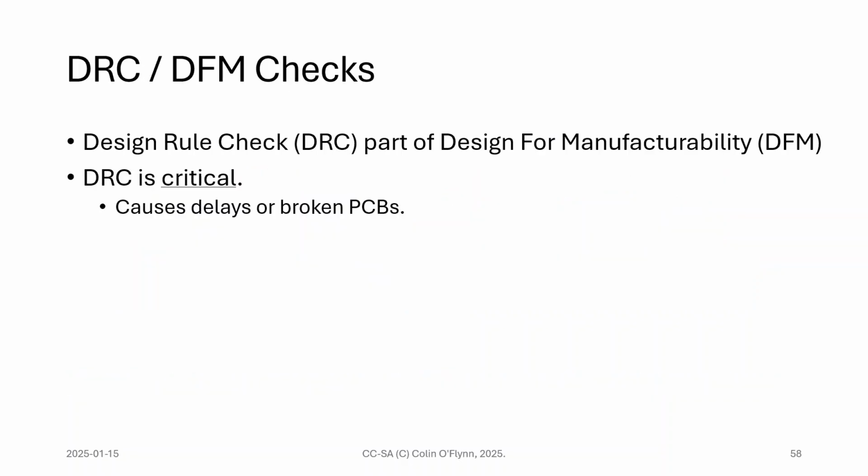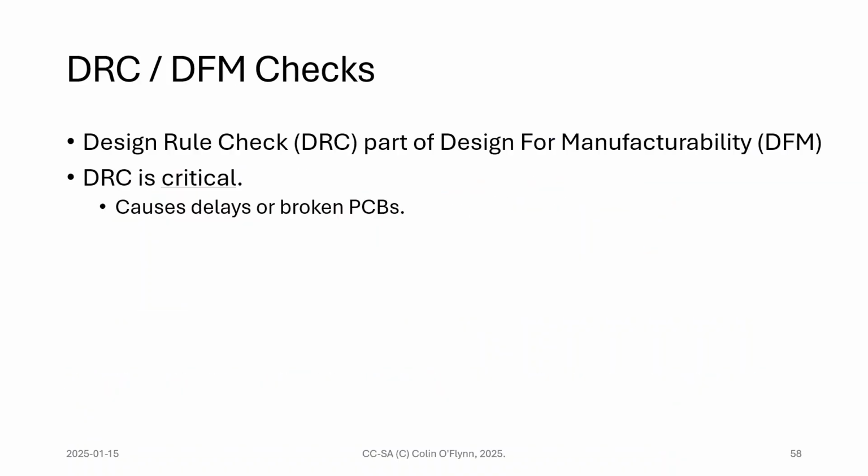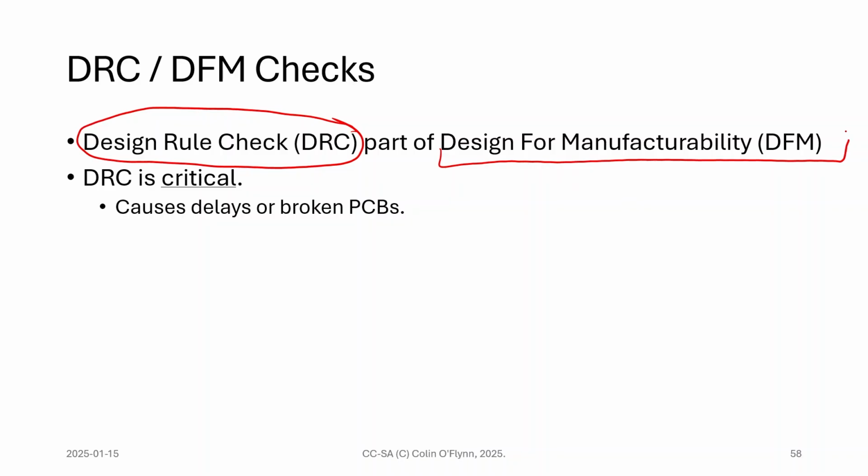To make sure you didn't accidentally make a trace too small, we run something called design rule checks, which basically say, hey, here is what I designed my board for. And this is all part of design for manufacturability, DFM, right? Which would also encompass things like choosing the right footprints that match your soldering process.